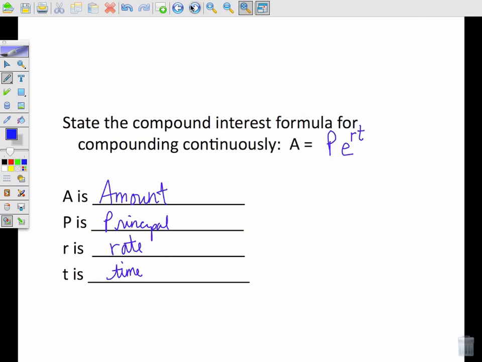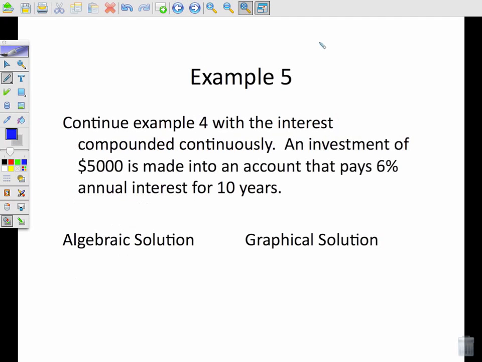All right, let's go ahead and look at an example. So it's A equals Pe to the rT. Continue example 4 with the interest compounded continuously. You've got $5,000. Let's do it algebraically first. We've got 5,000, so A equals 5,000 times e to the rate, which is 0.06, so 0.06 times T, which is 10 years.